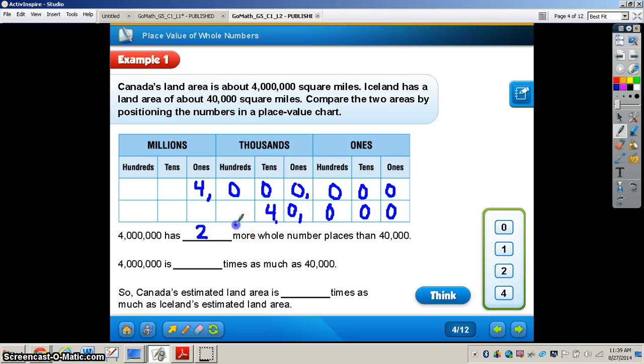So think of it as 10 times 10. That's going to give you 100. So 4,000,000 is 100 times as much as 40,000. So we can see Canada's estimated land area is 100 times as much as Iceland's estimated land area.